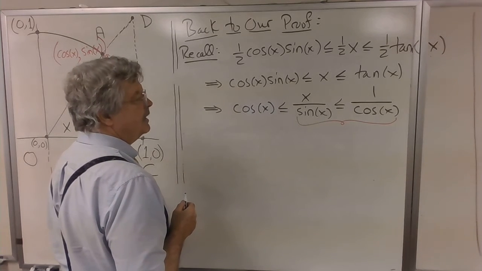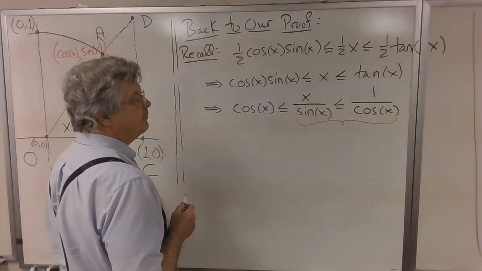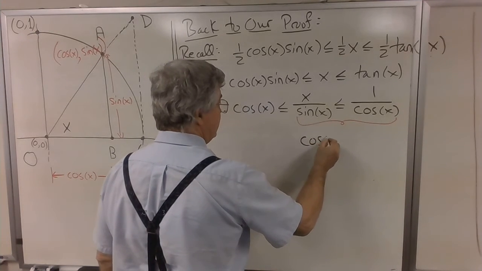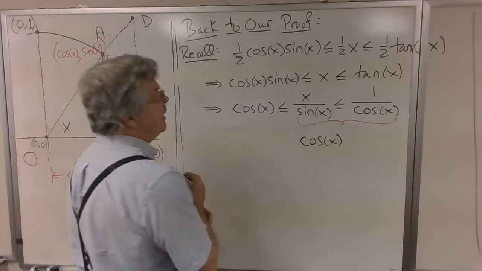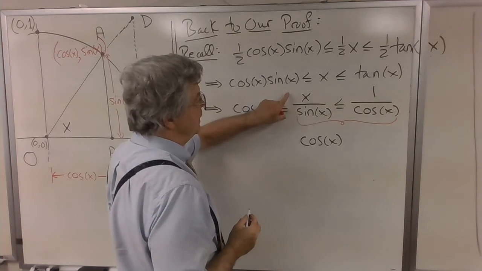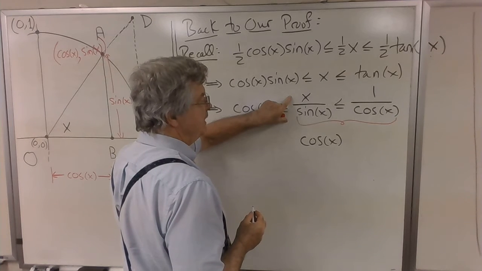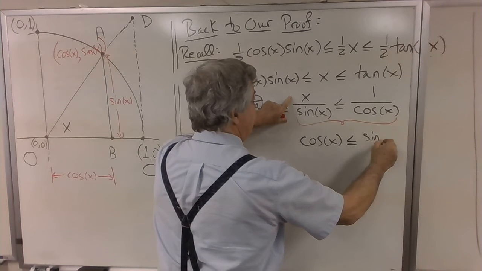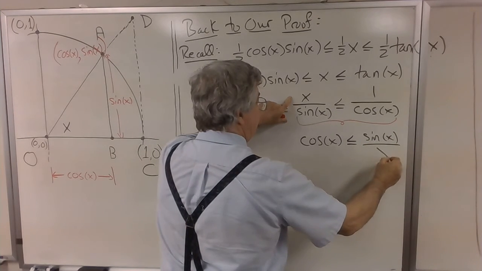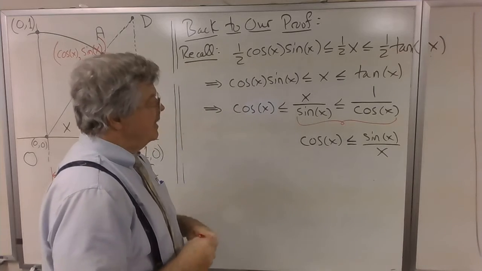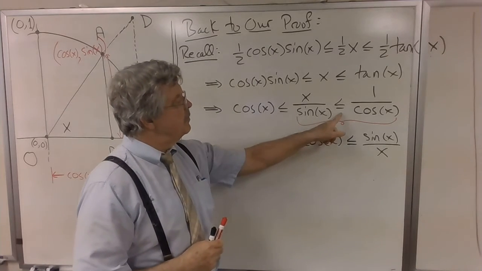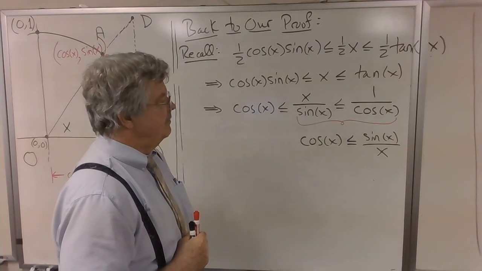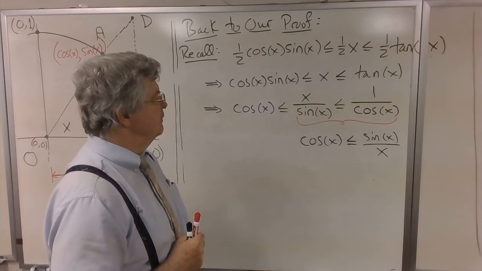If I multiply both sides by cosine of x, and then I multiply both sides by sine of x over x, we get that. And I don't have to worry about the inequality being reversed. We're in the first quadrant. X, sine of x, cosine of x, they're all positive.